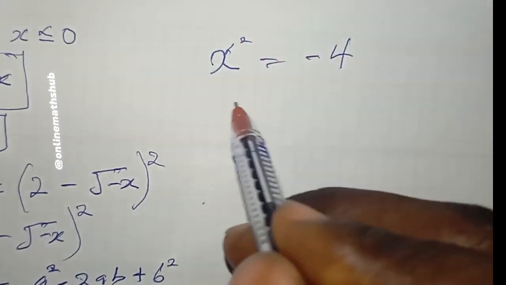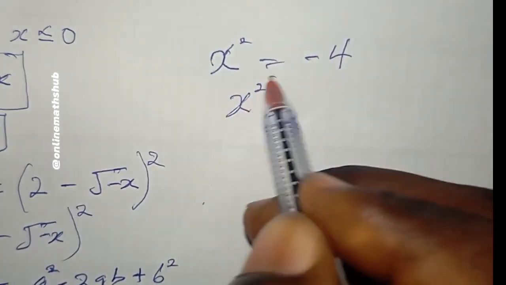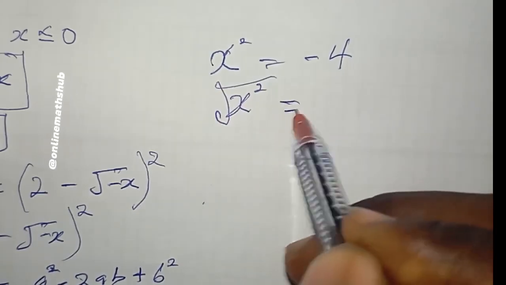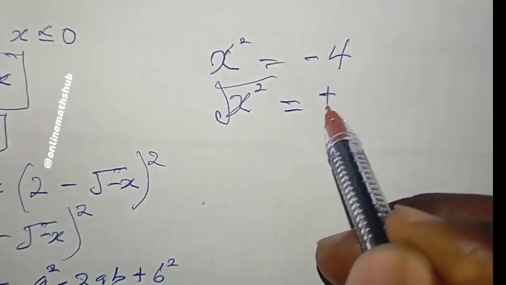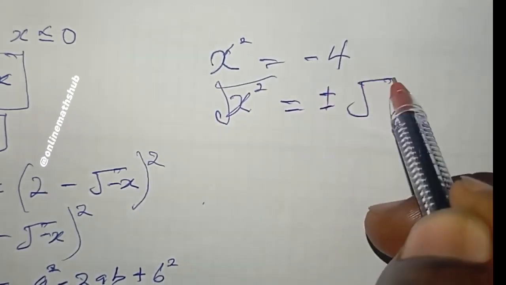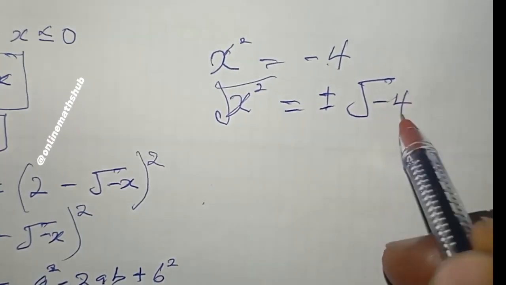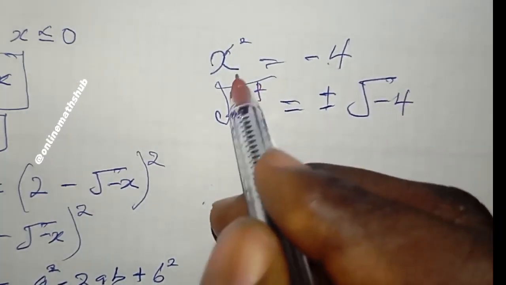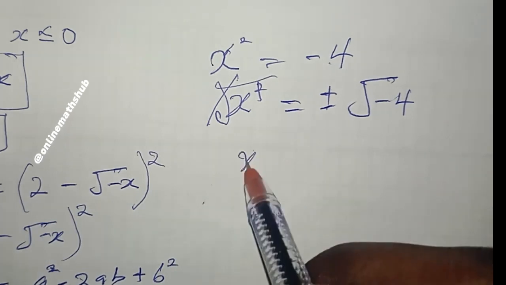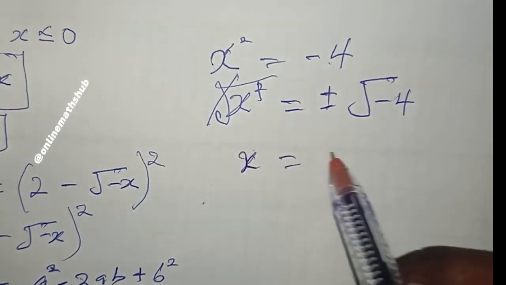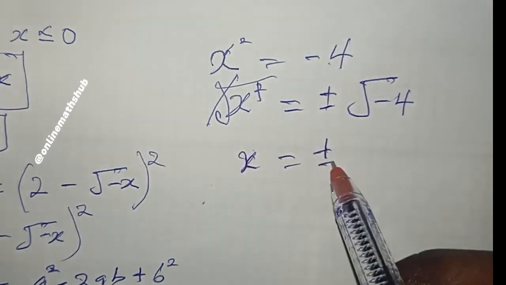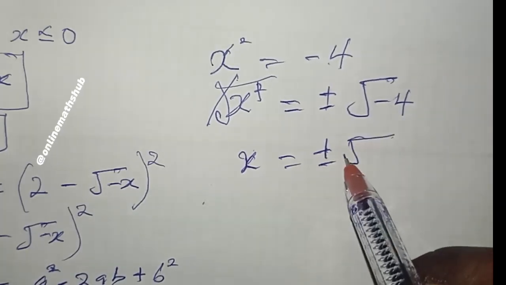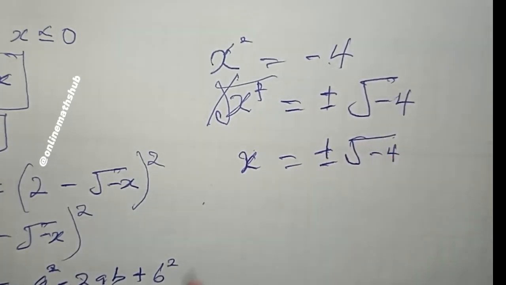I'm going to go ahead to take the square root of both sides, and then plus or minus the square root of negative 4 right here. Of course this will cancel this, and then x is equal to plus or minus the square root of negative 4.